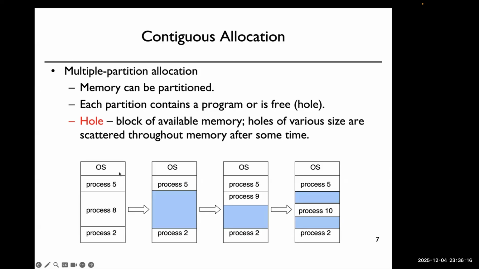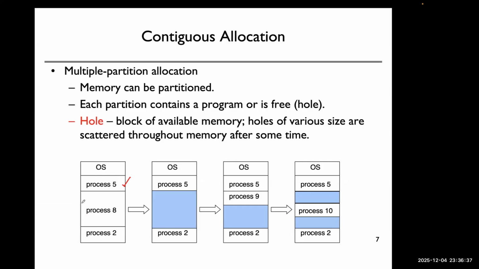For example, if you look at this figure, let's say initially on the left side, this is the current snapshot of our memory. The topmost section is occupied by the OS, and next we have a memory chunk into which we have loaded process 5.